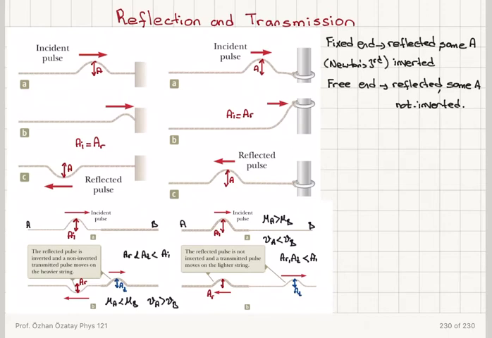Now when a pulse comes from a light string and hits a heavy string, what do we observe? In this case, it's partially reflected, partially transmitted, and the reflected portion is inverted.